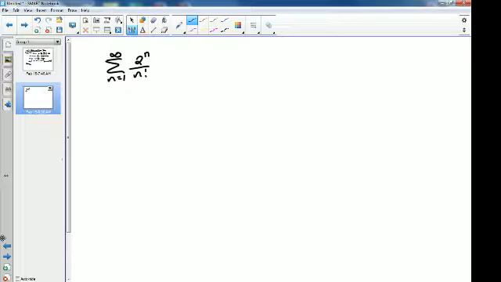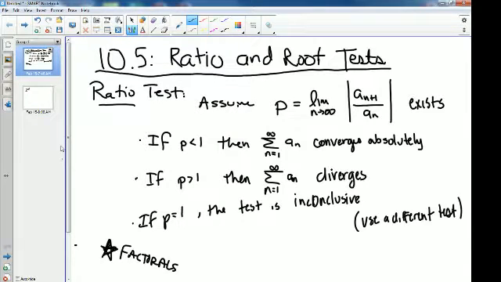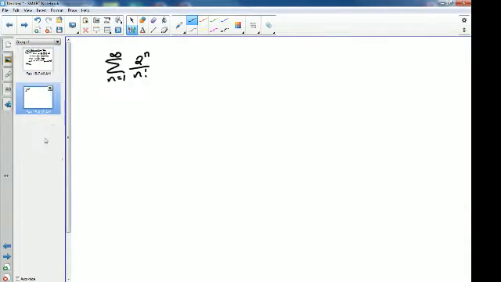Okay, you haven't done hardly any of the work yet. First of all, we have to have the n plus first term and the nth term. So we need a sub n plus 1, where you put n plus 1 in here: 2 to the n plus 1 over n plus 1 factorial.